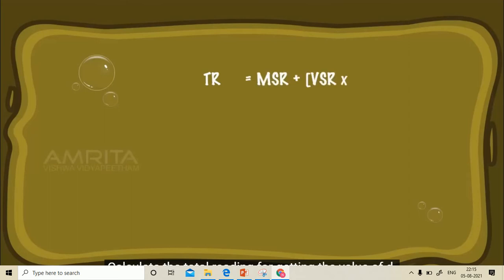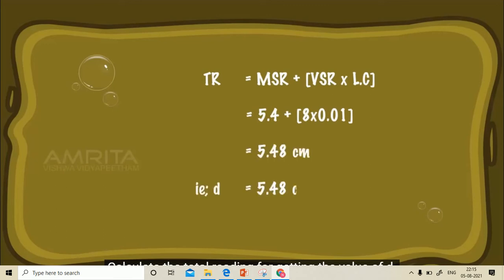If you find the exact value, you will get a total reading of 5.48 centimeters. So that is the depth of the calorimeter, 5.48 centimeters.